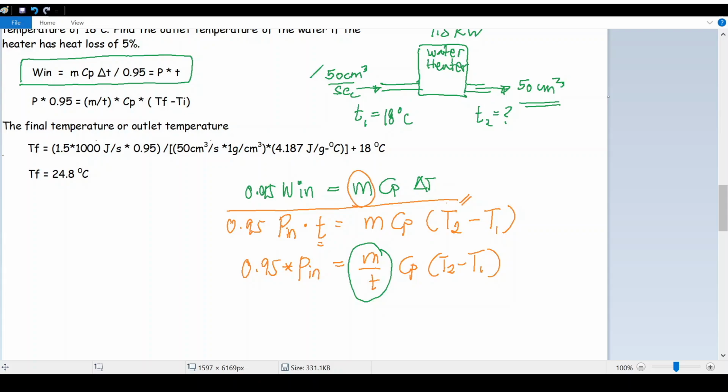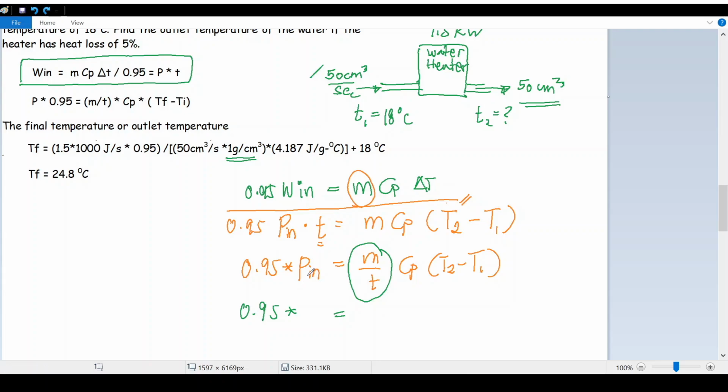From the mass density of 1 gram per cubic centimeter, we can now determine the mass flow rate.